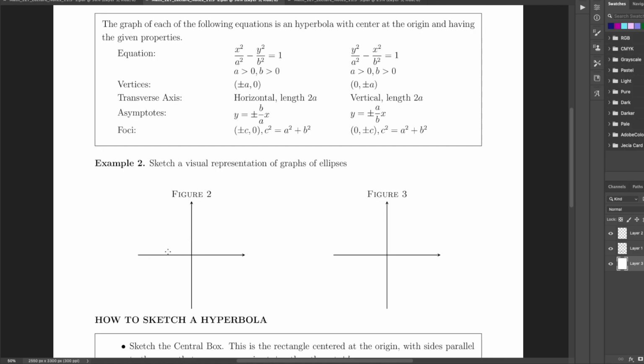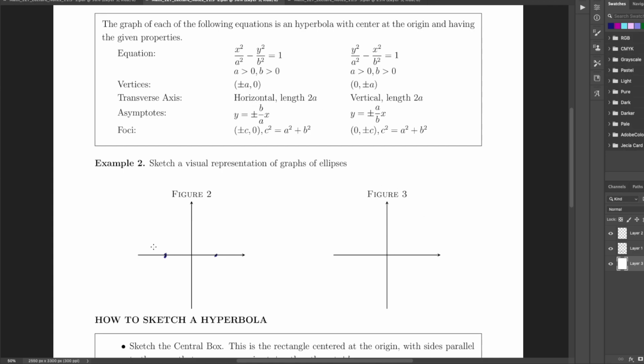For the horizontal one, we'll have the vertices here and here, at A, 0.